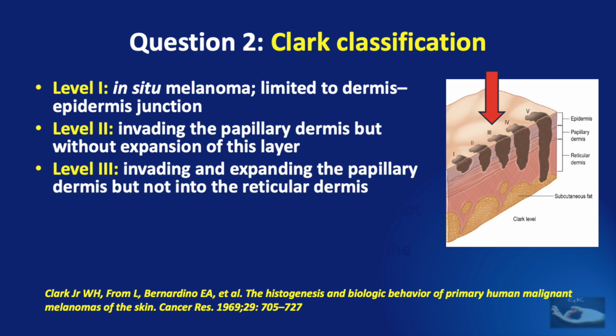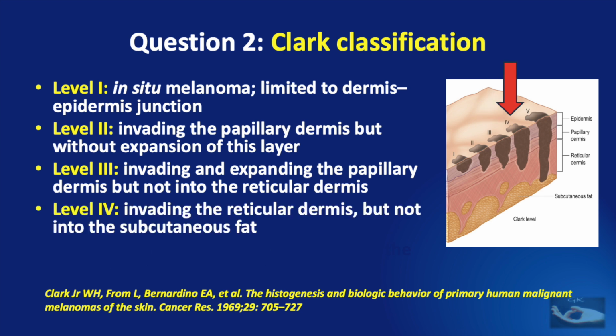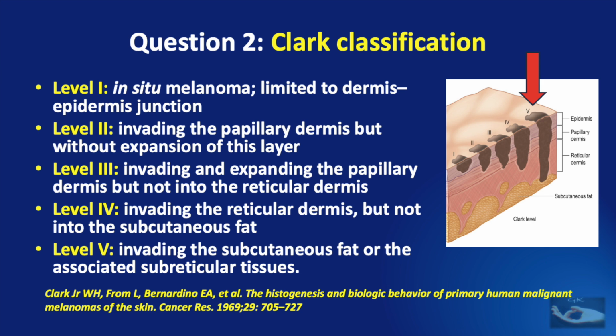Level 3, where the invasion and expansion of the papillary dermis has occurred but has not gone into the reticular dermis. Level 4, where it has invaded into the reticular dermis but not into the subcutaneous fat. And level 5, where the melanoma has invaded the subcutaneous fat or the associated subreticular tissues.